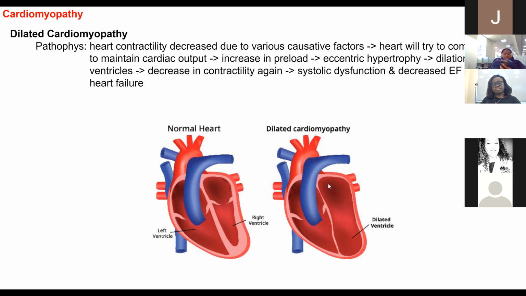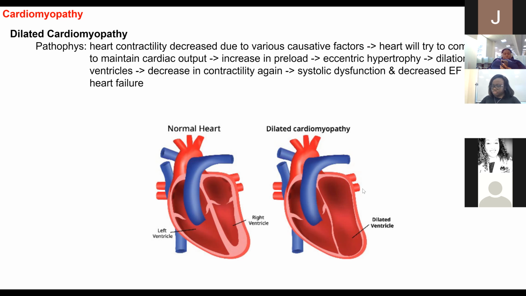So the blood is going to go in, right? But your heart is unable to contract as well. So as blood is going in, it's not pushing out all that blood. So you're going to have an increase in your end diastolic volume, right? At the end of diastole, as your heart's trying to contract, you're going to have more volume in your heart. Your body recognizes that you have way more volume there than you need, so it knows it has to do something to help the cardiac output.